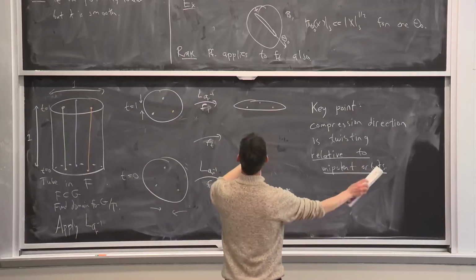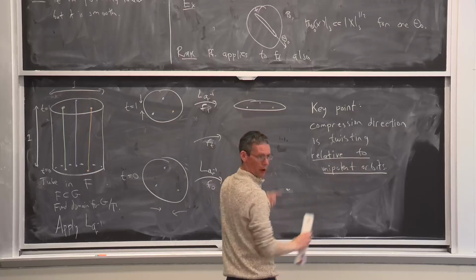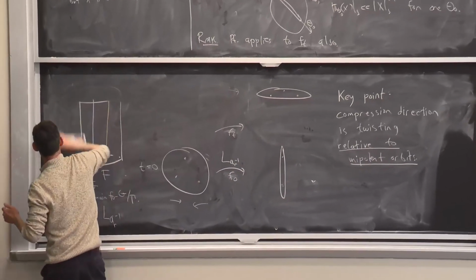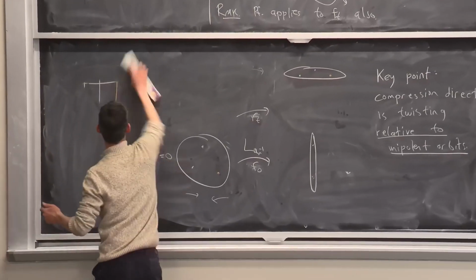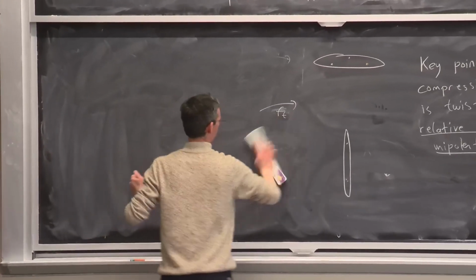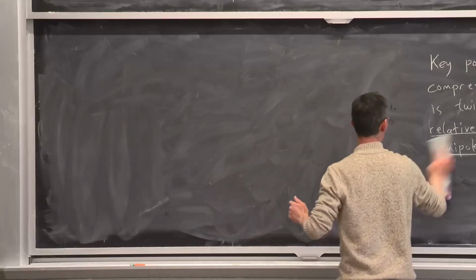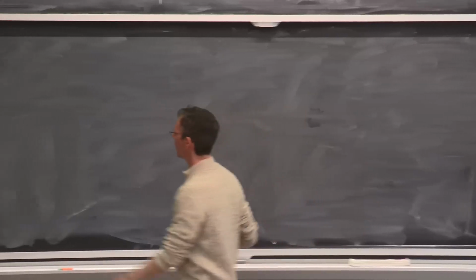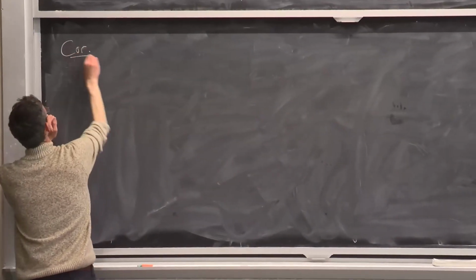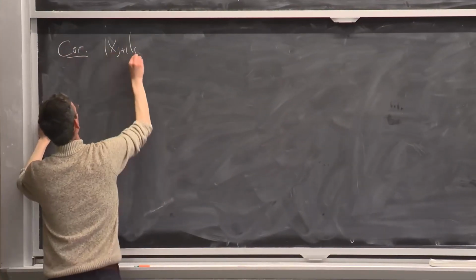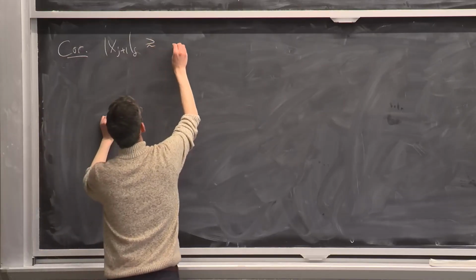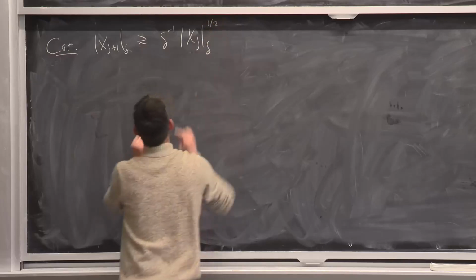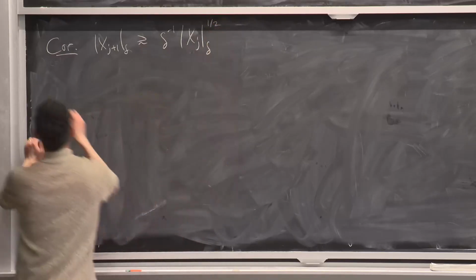So if we put together this lemma and this proposition, we'll get an estimate about the delta covering number of xj. OK, so corollary: xj plus 1 delta covering number is at least around delta inverse times xj delta to the 1/2.